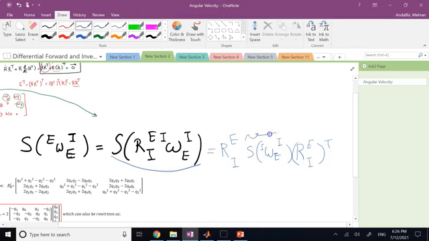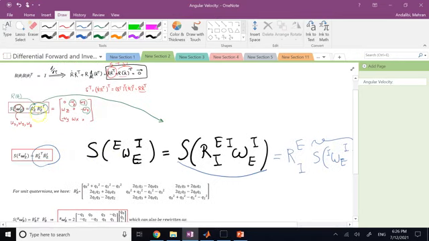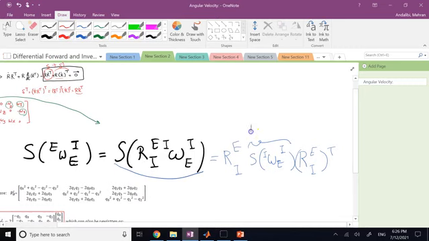And now for this S of omega E in I, written in I, replace this formula. Okay, so this is what? This is R dot R transpose.